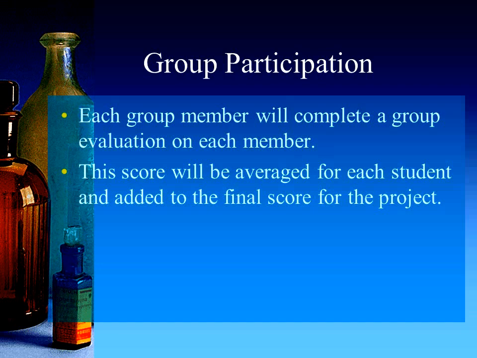If every member of your group contributed and worked well and gave equal amounts into the presentation, then I would expect that everybody's going to get the same grade coming back to me. If there are some members who weren't pulling their weight, who didn't participate, who kind of sat back and did nothing, I expect that you're going to reflect that.